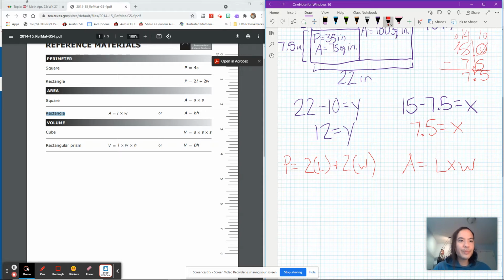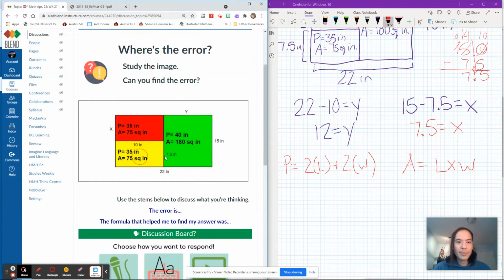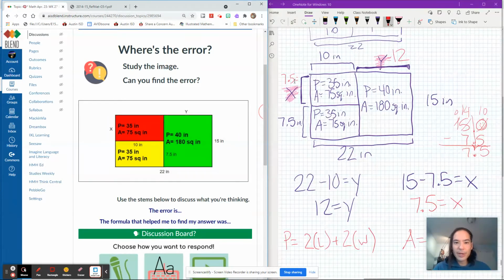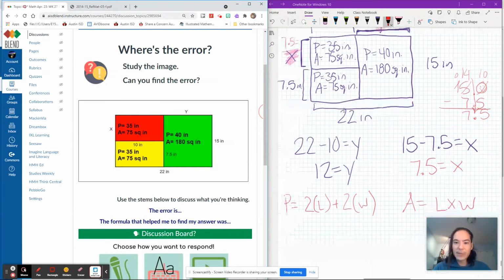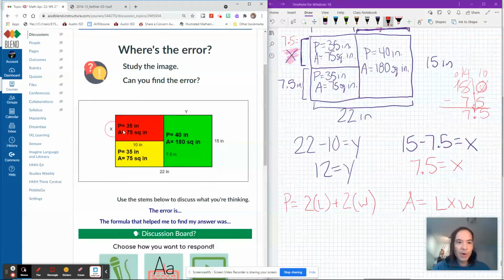So let's look at our rectangle. Actually, let's look at our rectangle over here because we filled this one out. So we said that our length was 7.5 and our width is 10 inches for this small rectangle. So 7.5 by 10. And we saw that over here, but we had to realize that the red one matched.